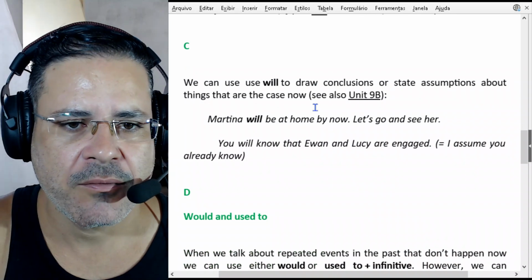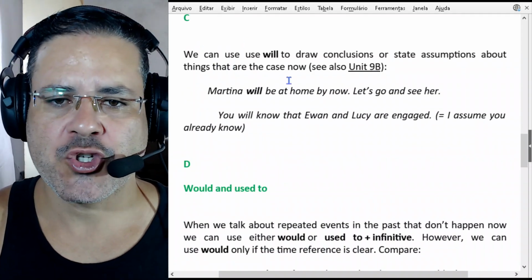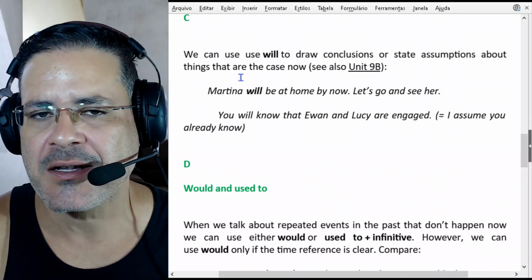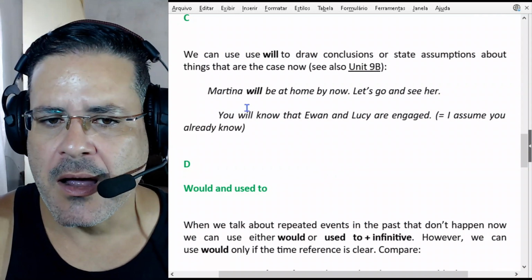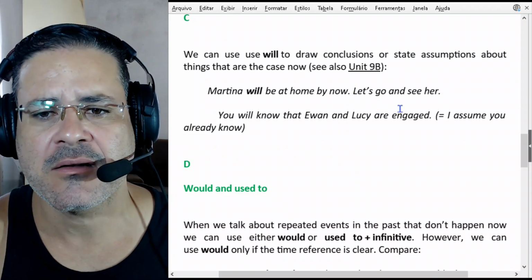Okay, moving on to section C. We can use will to draw conclusions or state assumptions about things that are the case now. For example, Marina will be at home by now. Let's go and see her.